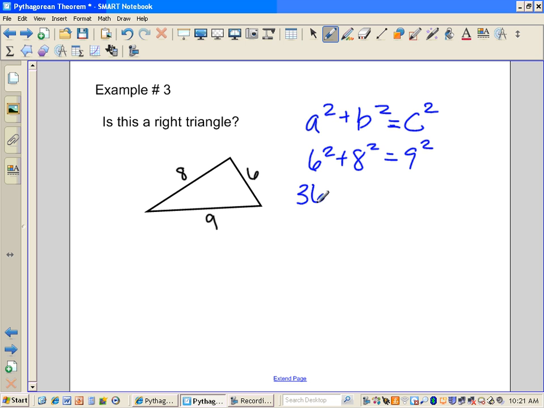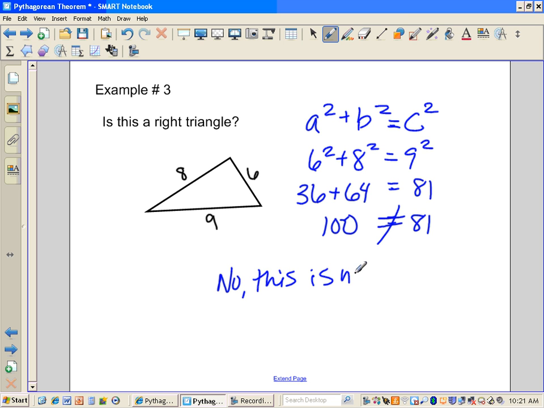Well, that's 36 plus 64. Is that equal to 81? 36 plus 64 is 100. That's not equal to 81. Not equal, so the equal sign with a dash through it. Since the relationship did not work, we would say no. This is not a right triangle.